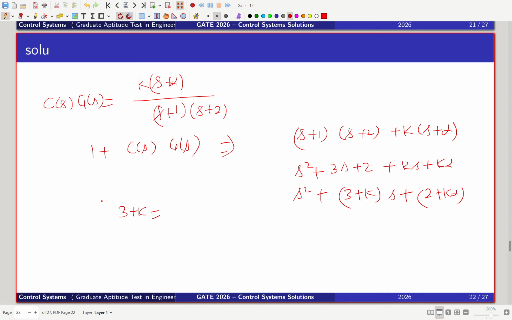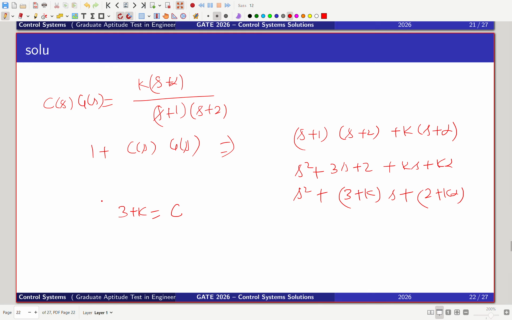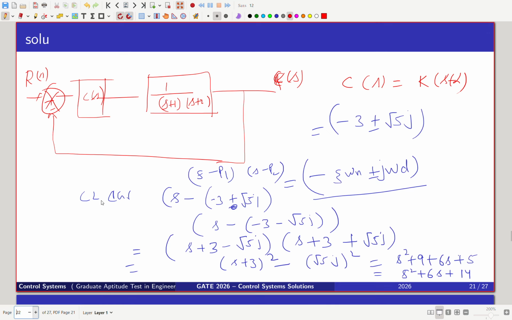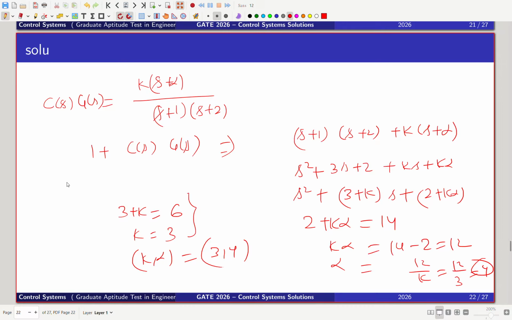Then compare it: 3 plus k equal to 6, so we get k as 3. And 2 plus k alpha equal to 14, I think, right? So k alpha is 14 minus 2, which gives 12, and alpha is 12 by k, which is 12 by 3, so we get 4. So k and alpha are 3 and 4.